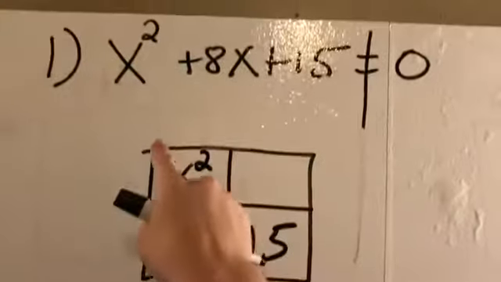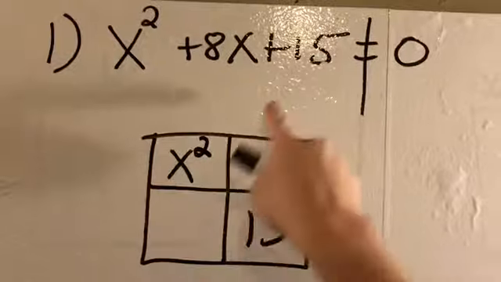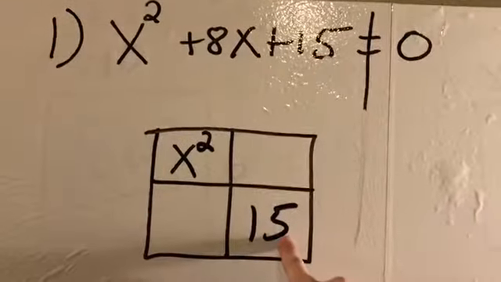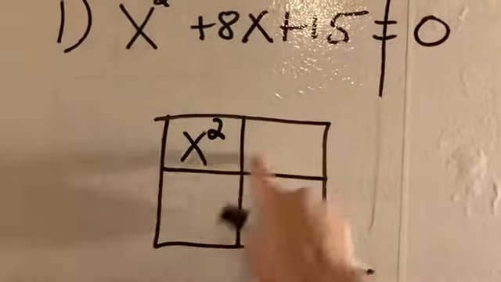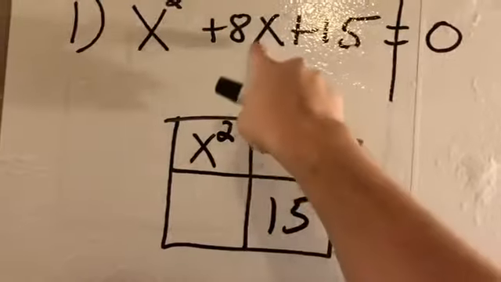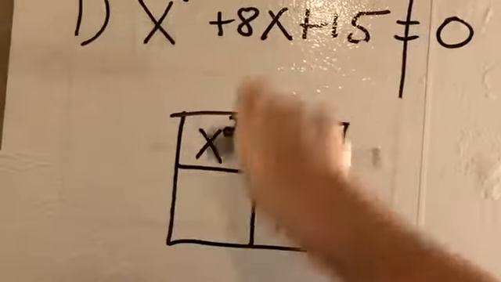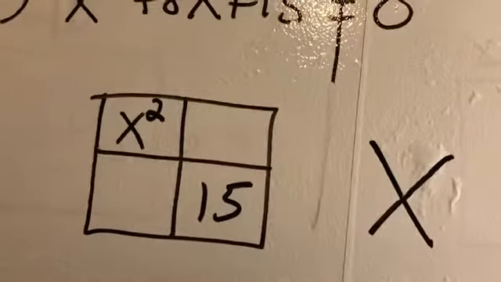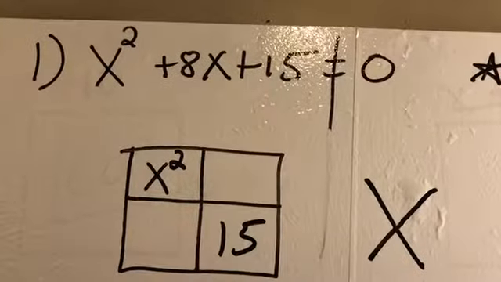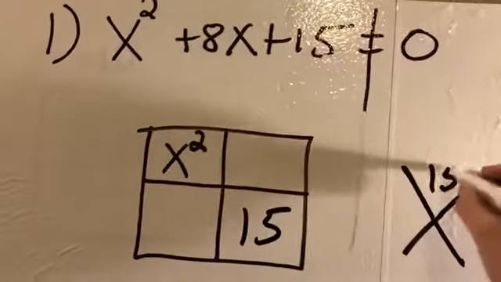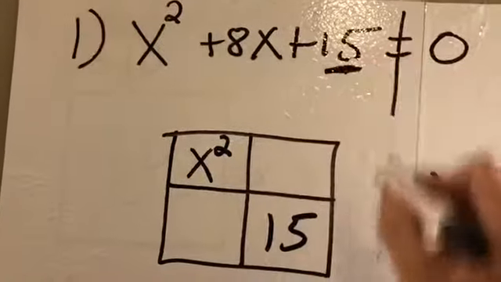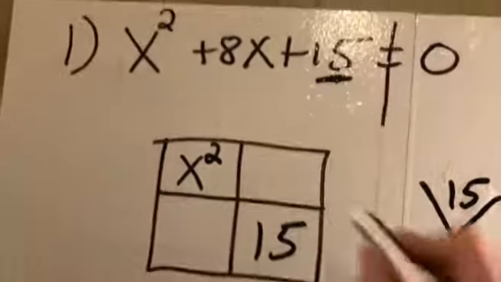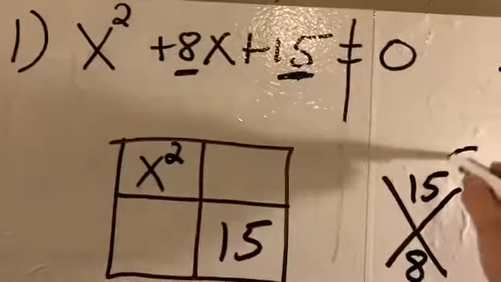So we always know we can grab our x squared to the top left, our regular number to the bottom right, and usually these are the like terms that will combine to be 8x, but I don't know how to split that up yet. So we have a little puzzle to think about, okay? We are going to ask ourselves what multiplies to 15, that last number, and adds up to 8, the number with x.